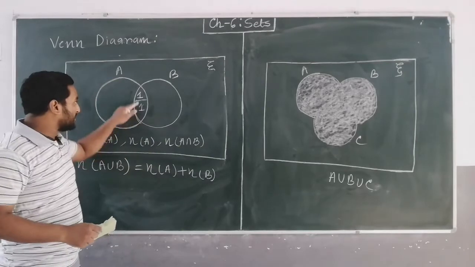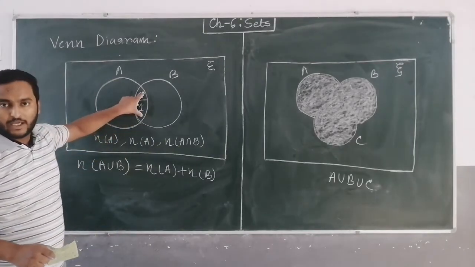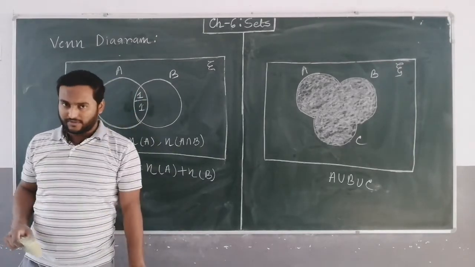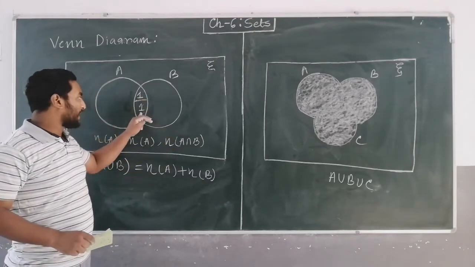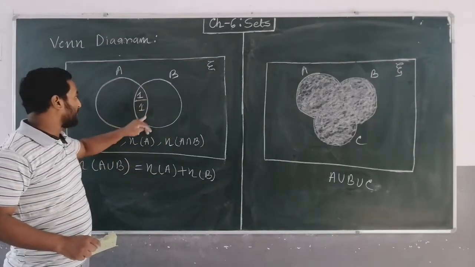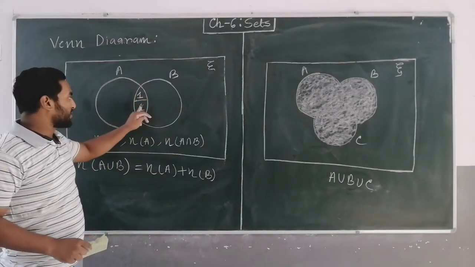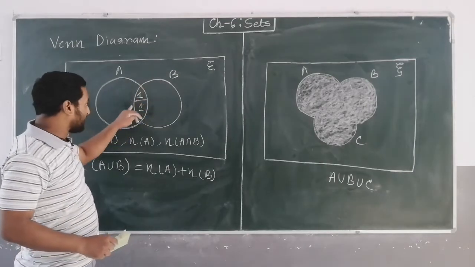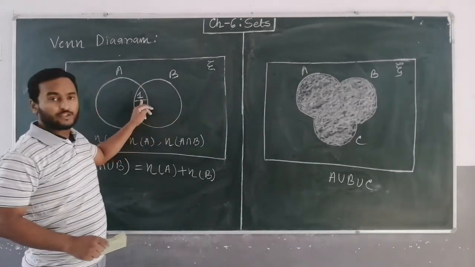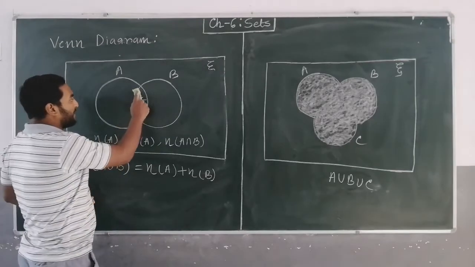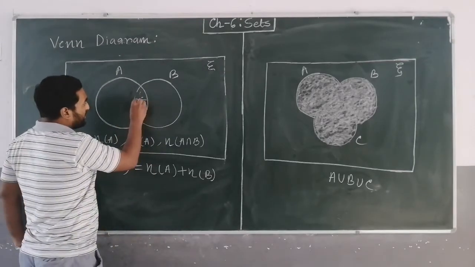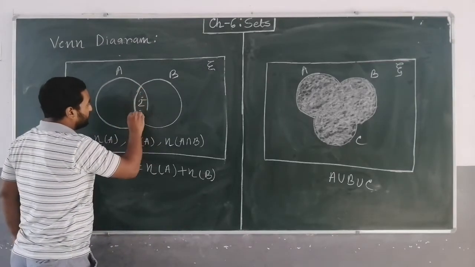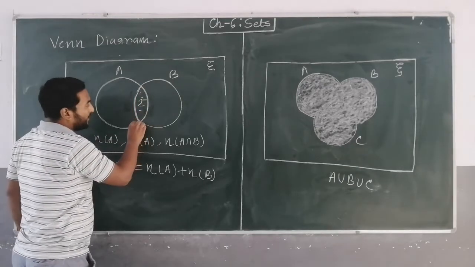In both cases, this portion is coming. So this portion we are considering two times. When you consider the number of elements in A, this portion is coming. When you consider the number of elements in B, this portion is also coming.